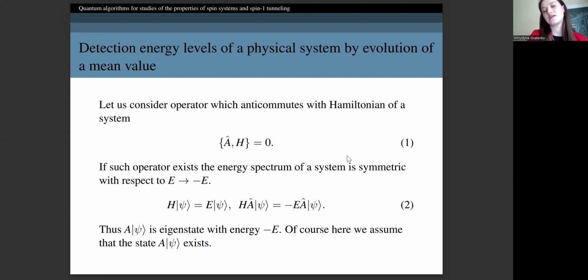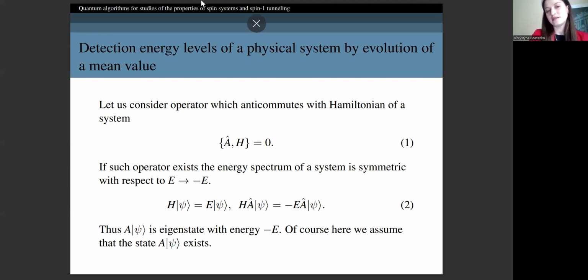finding the energy levels of spin systems and various physical systems with the help of studies of the evolution of a mean value of an operator which anti-commutes with the Hamiltonian, on an ancillar spin or ancillar qubit. So let's discuss the details.